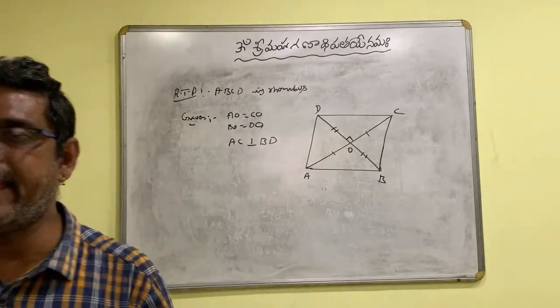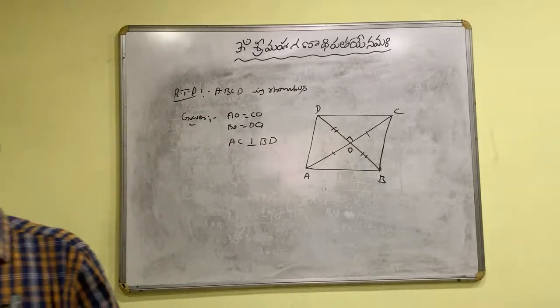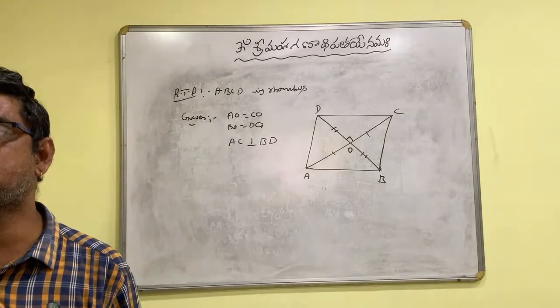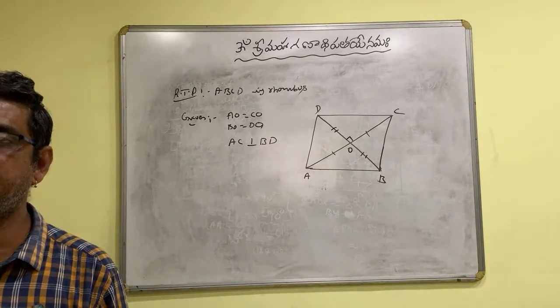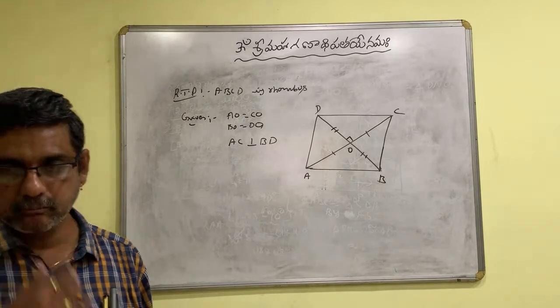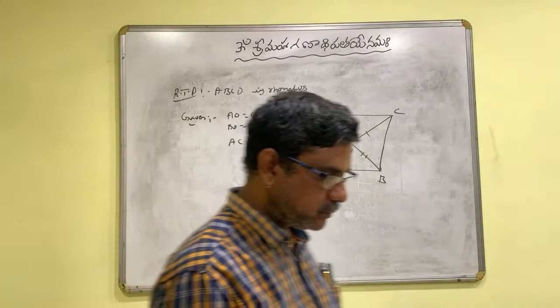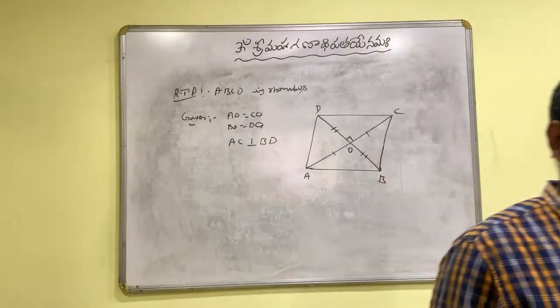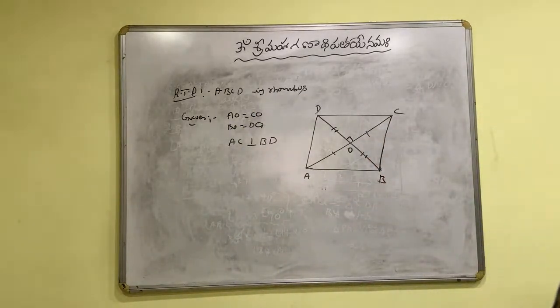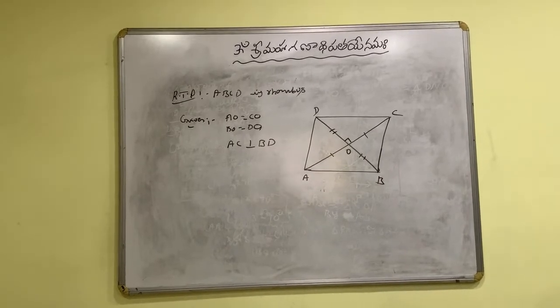Now, I want ideas. What else is to prove that ABCD becomes a rhombus? Sir, by proving all triangles are congruent so that all sides become equal. Yes.